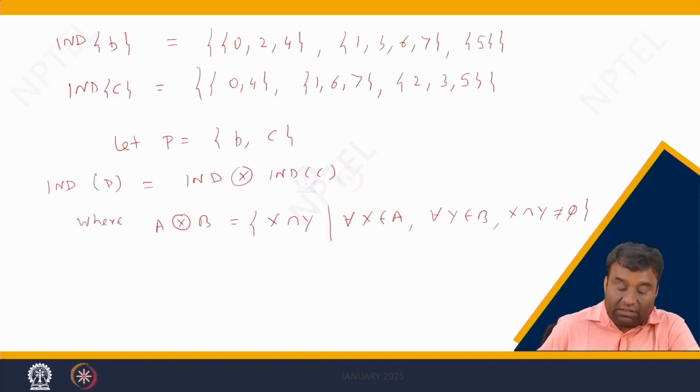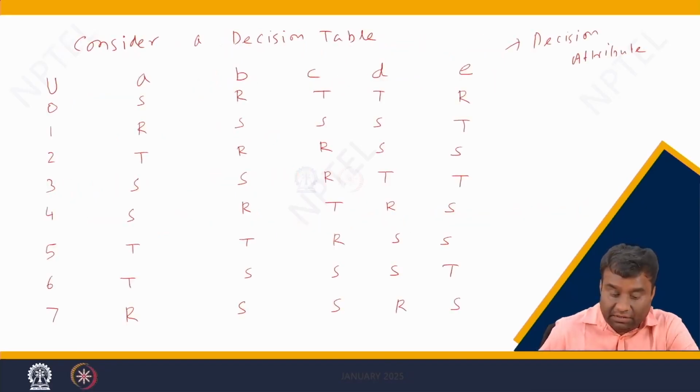So here the indiscernibility relation for attribute B. Values are R for objects 0, 2, 4; S for 1, 3, 6, 7; and T for 5.